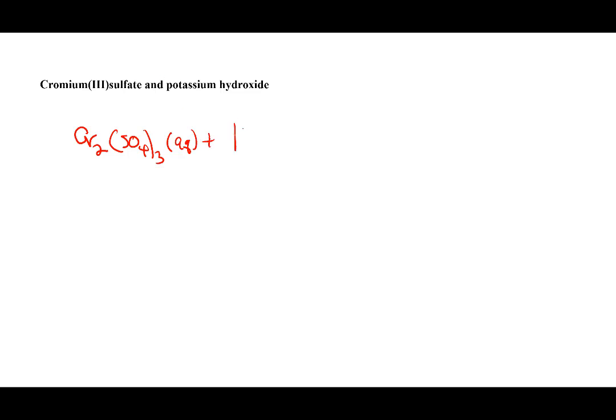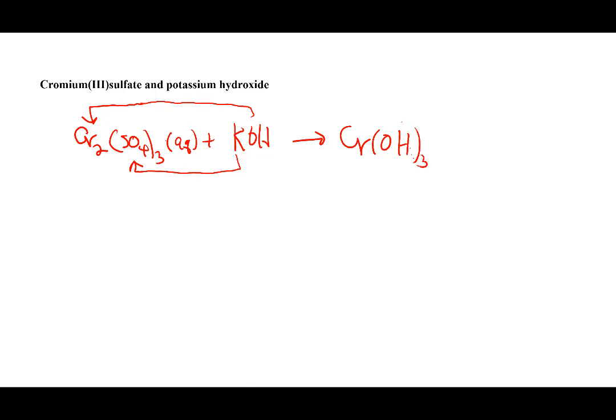That's going to react with potassium hydroxide, KOH. The KOH is a base, there's no acid here, so it might be a precipitation reaction. We'll find out. The potassium is going to go with the sulfates, and the hydroxides are going to go with the chromium. The chromium is a 3 plus. The hydroxides are 1 minus, so it's going to be Cr(OH)3.